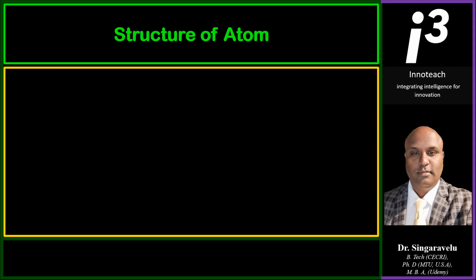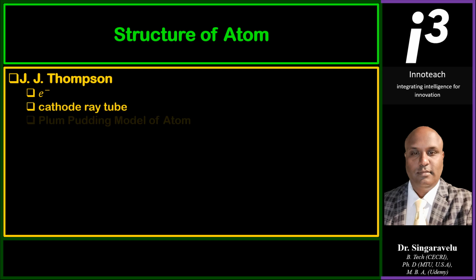So, in the structure of atom, there were developments happening in the scientific community, and it was J.J. Thomson's work in the cathode ray tube which led him to discover the electrons and propose a model called the plum pudding model of atom.